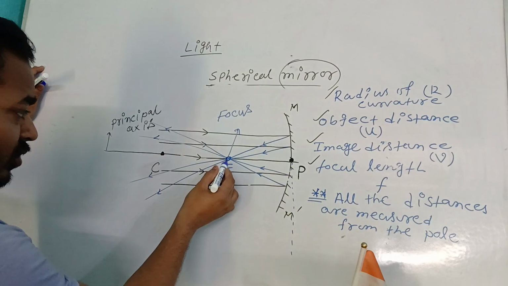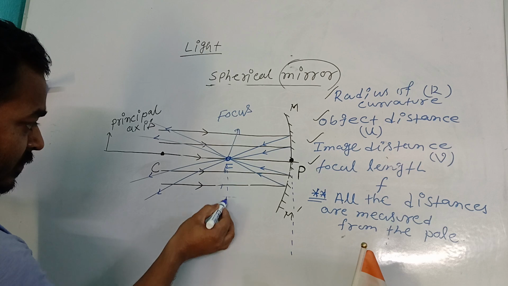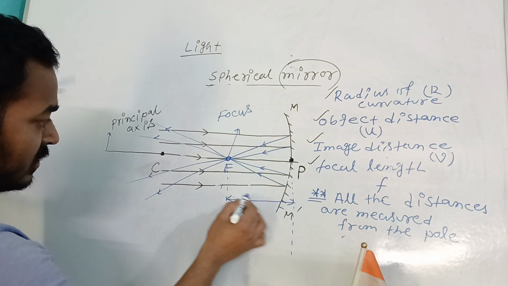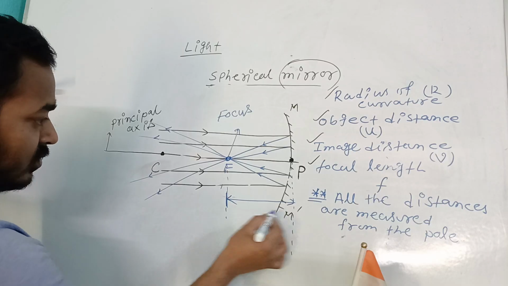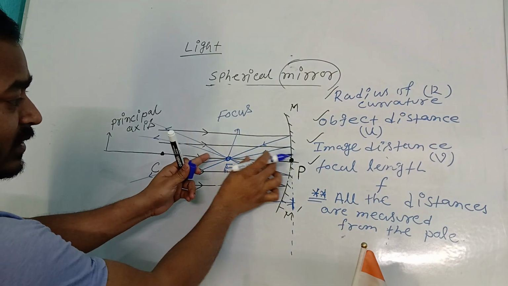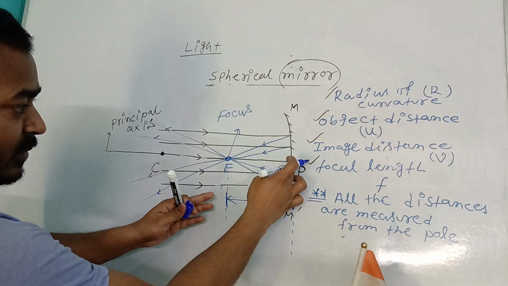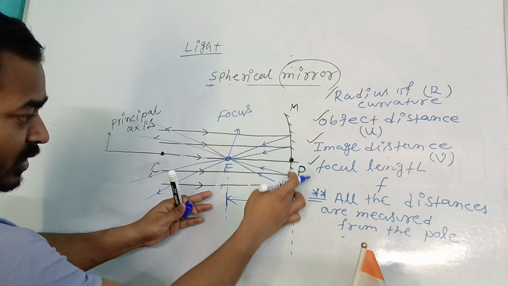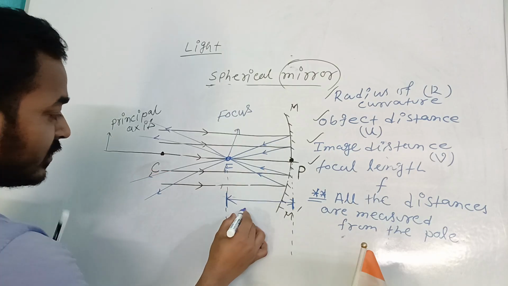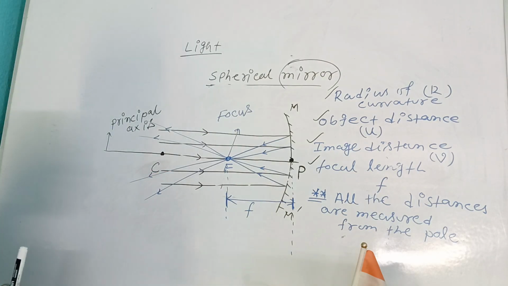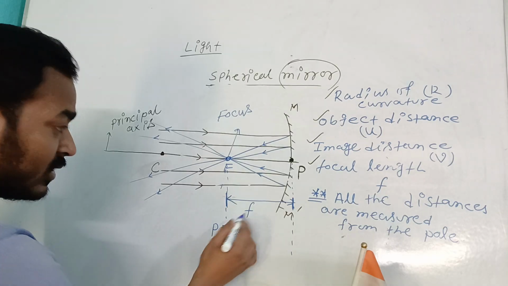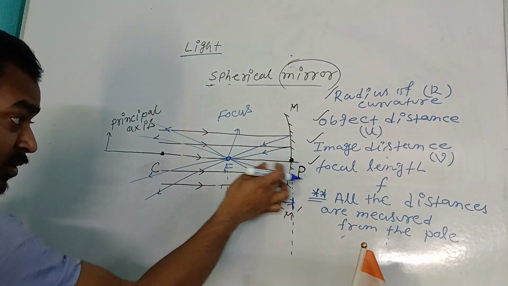From pole to focus, this distance from here to here. We can't write this here, that's why I'm drawing a dotted line to show this distance. So pole to focus is F. We can write PF; all the distances are measured from the pole.